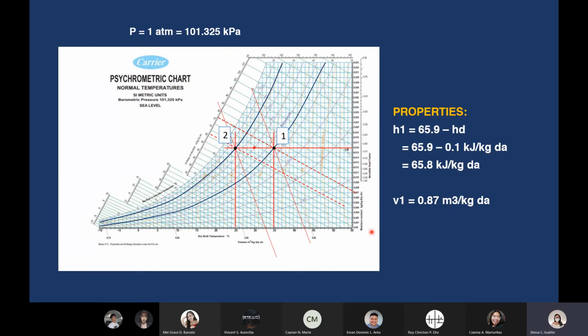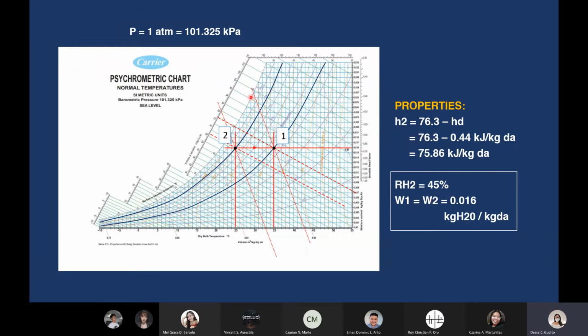0.87 is the value, and then next we need to plot point 2. This one is point 1, and this is point 2. Okay, so at point 2, since sensible heating is a constant moisture content process, it is again a straight horizontal line.